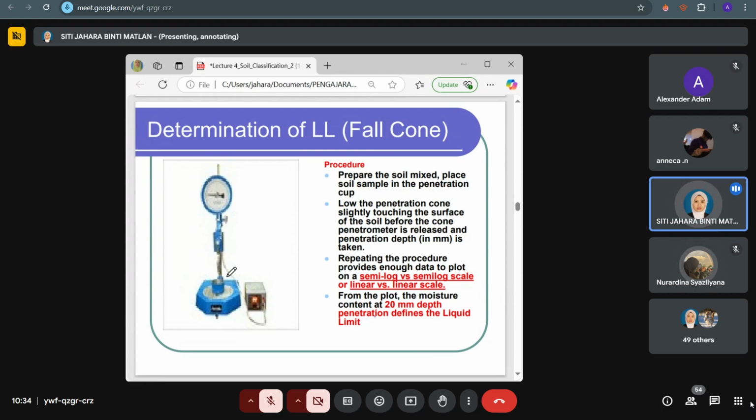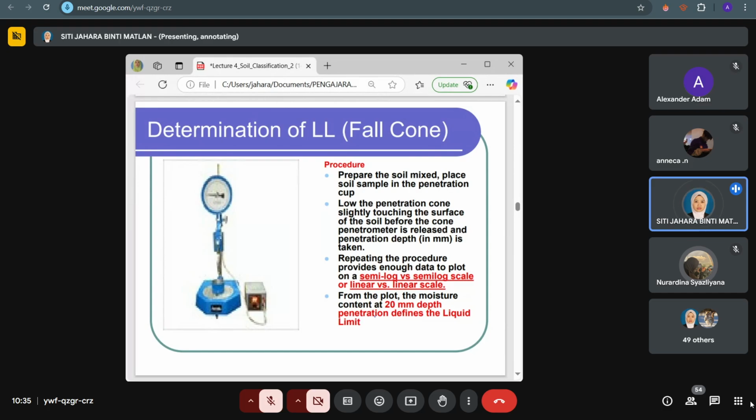Repeat the test for various water contents, which means we mix our soil with different moisture contents, and then we repeat the procedure: put the soil sample in the penetration cup, lower the cone to touch the soil surface, then release the cone again to record the penetration depth in millimeter units.